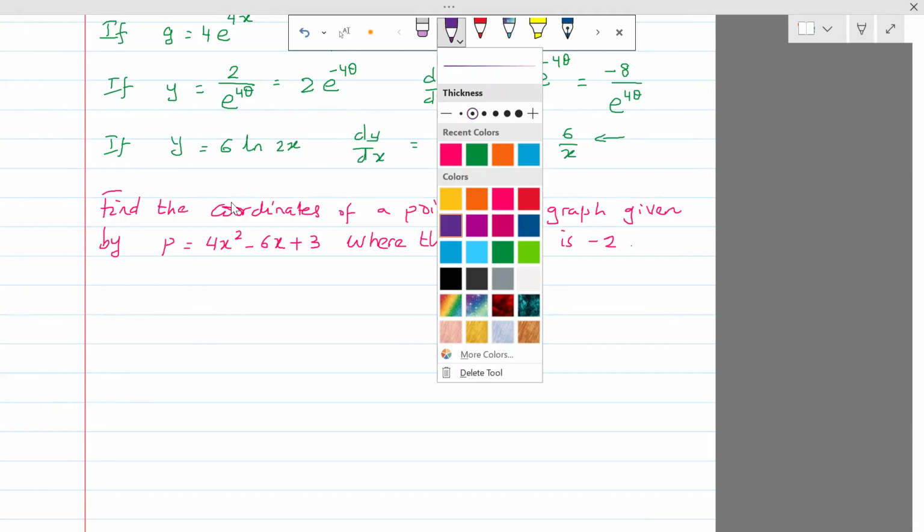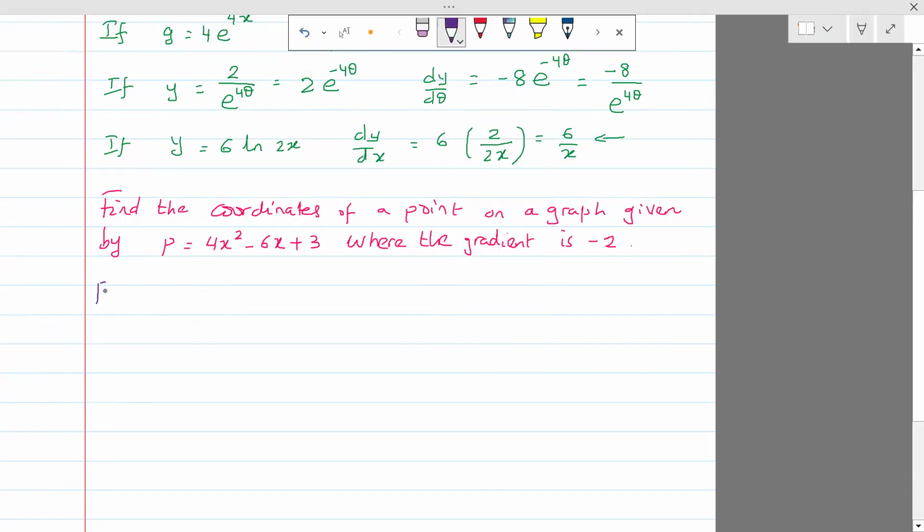So you always remember gradient is equivalent to finding the derivative of a function.